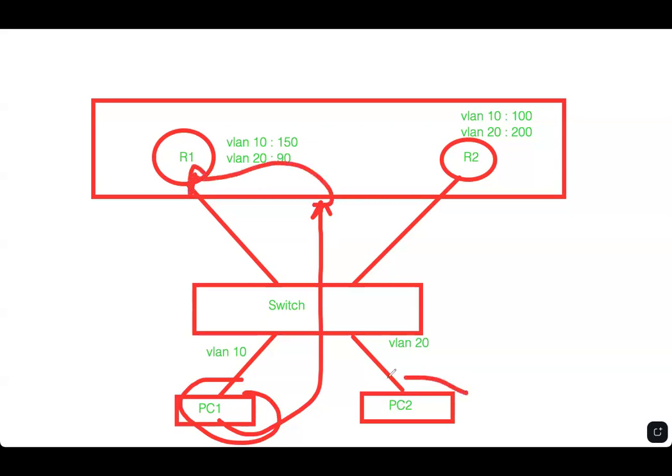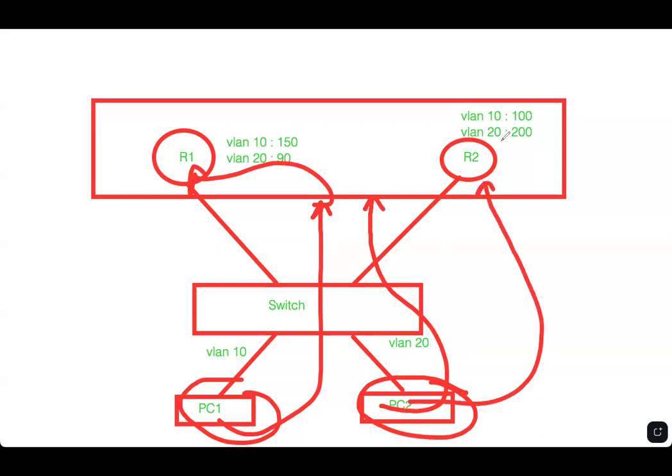If the traffic is generated from PC2, the traffic will be pointing to the group IP, and this should point to router 2 because it has the VLAN 20 high priority here. And this PC is in VLAN 20 and this PC in VLAN 10. But if you observe, we are not load sharing the traffic between this link and this link for VLAN 10.